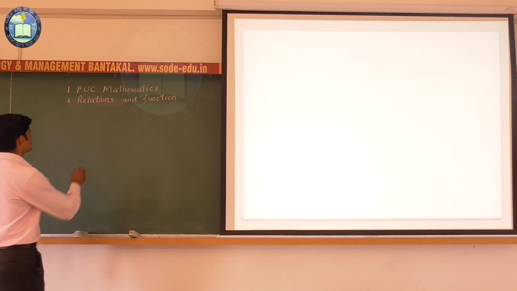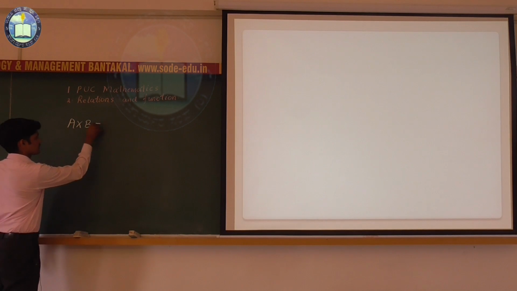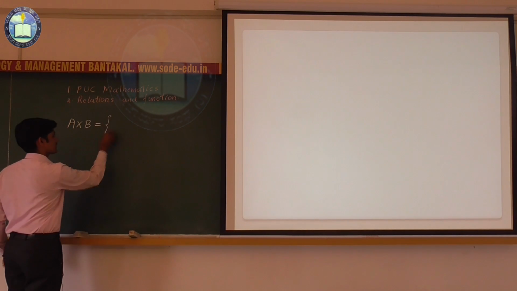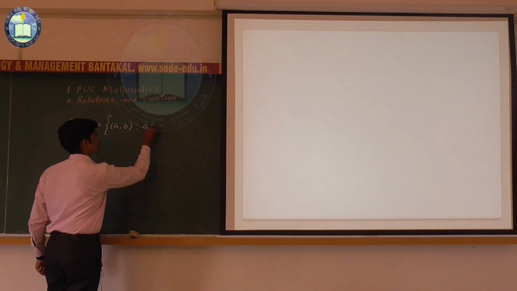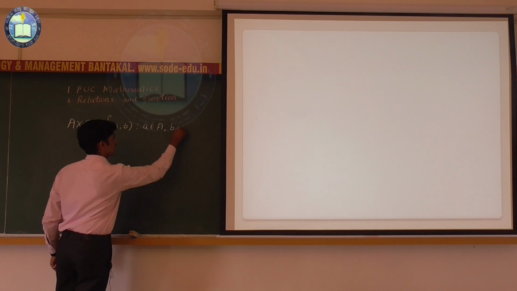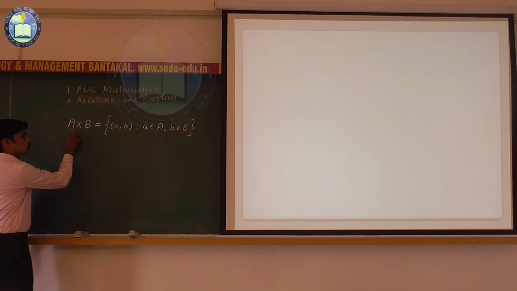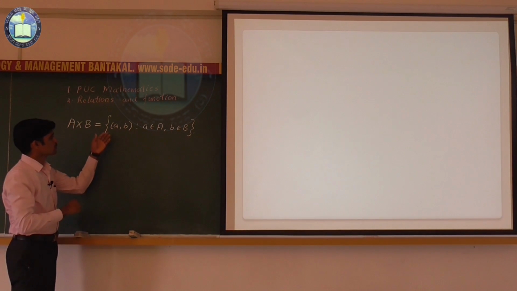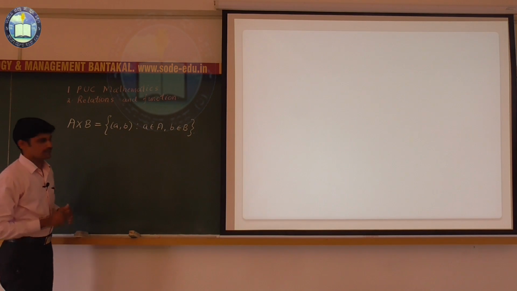First, we discussed the Cartesian product of two non-empty sets. The Cartesian product of two non-empty sets, set A and set B, is the set of all ordered pairs (a, b), where a belongs to set A and b belongs to set B. Here, two ordered pairs are equal if and only if the corresponding first elements are equal and the second elements are also equal.